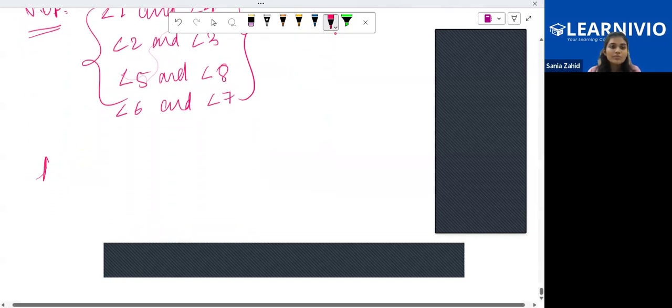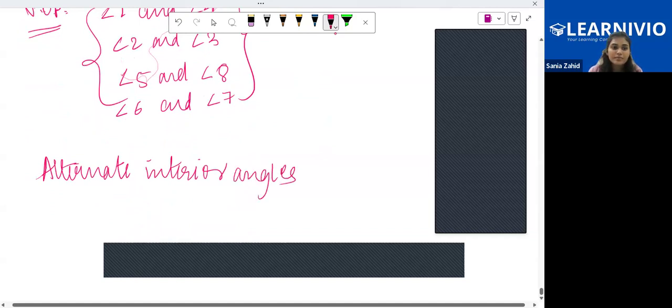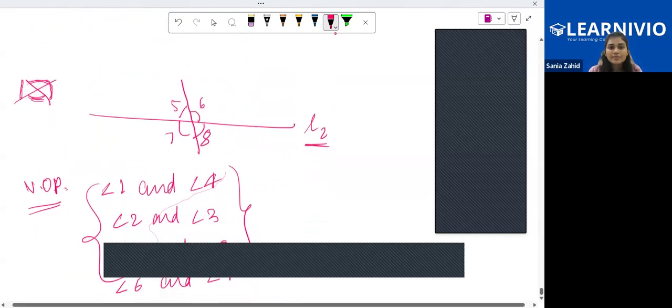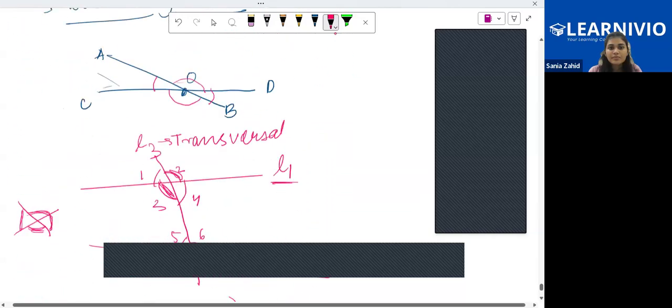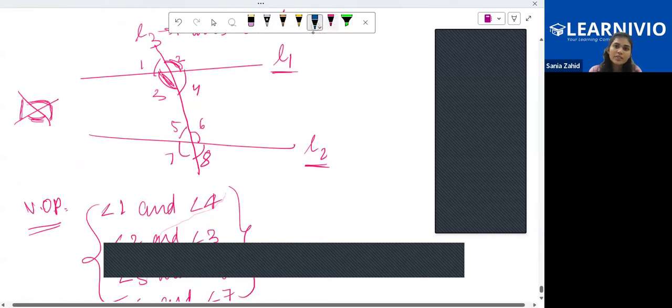Then you need to know alternate interior angles. So, alternate interior angles are basically like, you have this figure only right here.